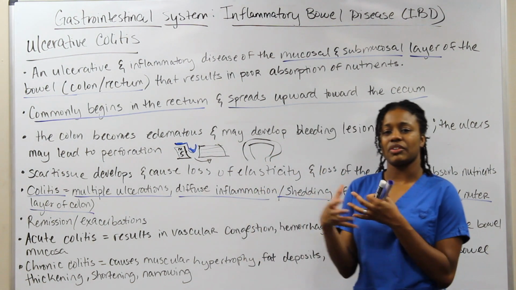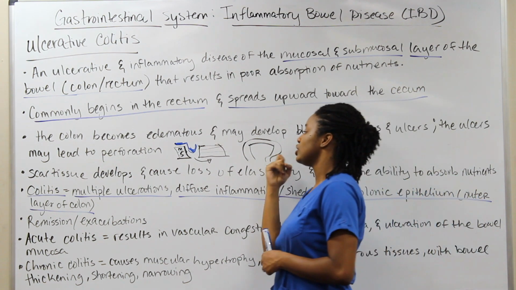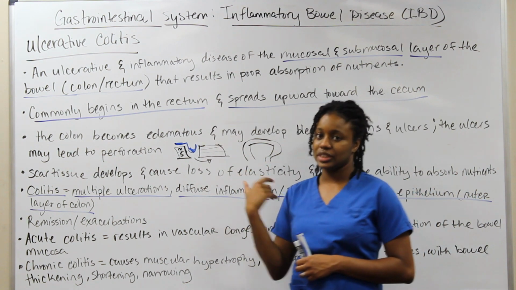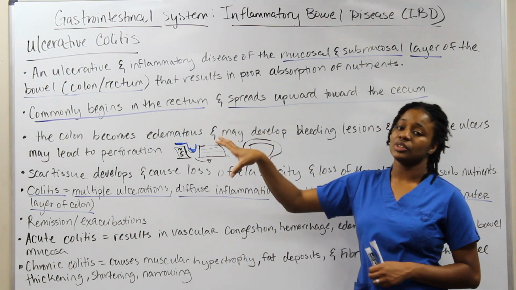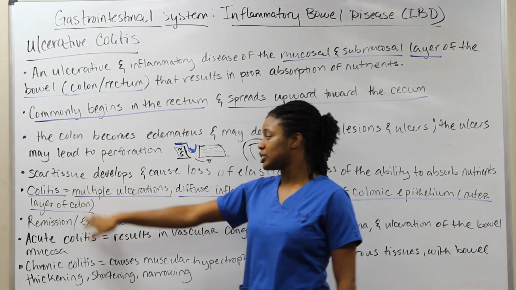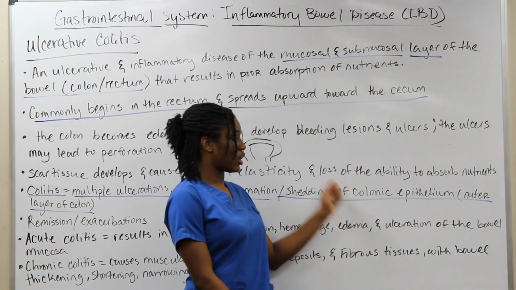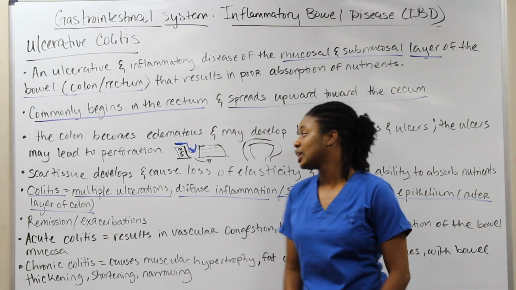It's going to be very rigid, very hard, very stiff. So you want to make sure that you prevent these things from happening. But this is ultimately what's going on with the patient who has ulcerative colitis, okay? So the scar tissue may develop and cause a loss of elasticity, which is going to cause problems with absorbing food.